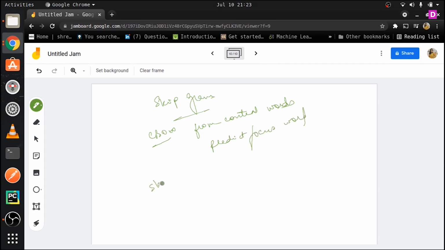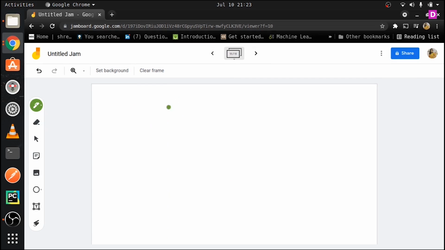In skipgram, from the focus word you have to predict context words. So in skipgram it is just going to be the opposite. This is not going to take a lot of time. Let us understand how this happens.